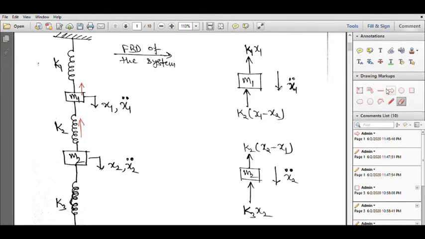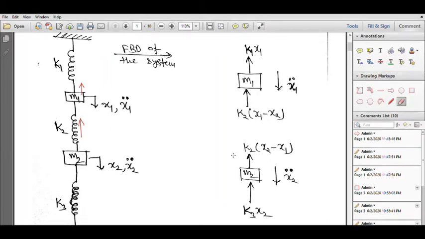So whenever we are talking about mass m1, it is having a downward displacement x1. The restoring force generated in the spring K1 is K1 x1 in upward direction. The restoring force generated in spring K2 is K2 into x1 minus x2, that is also in upward direction.